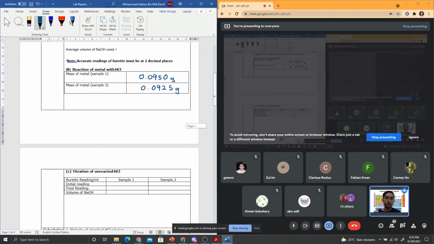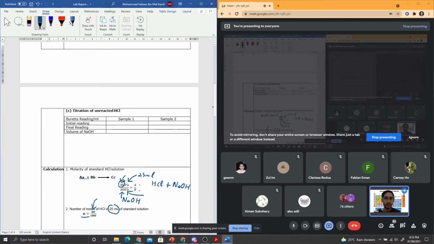And then for the second titration, read the lab manual. At the flask below, above we have the burette. I lost my burette. Okay, burette.